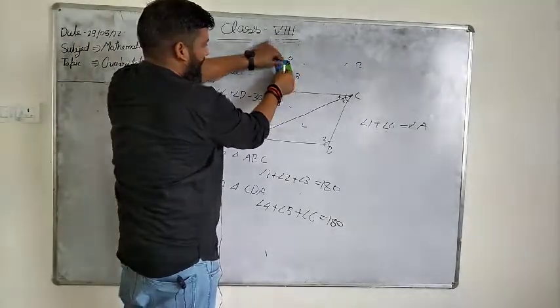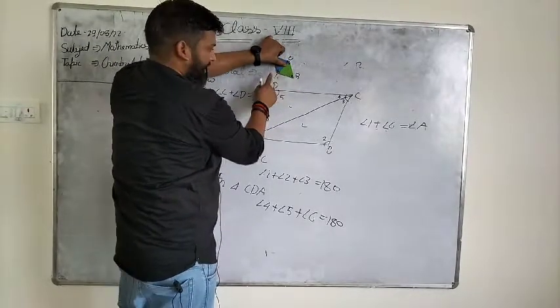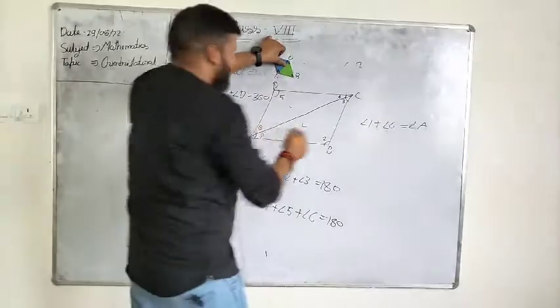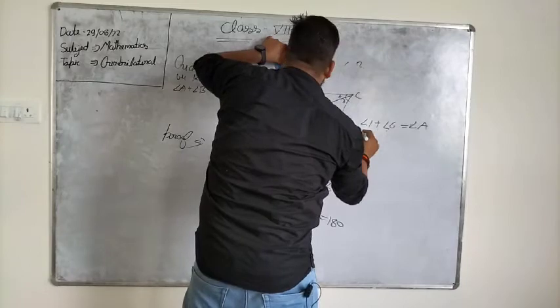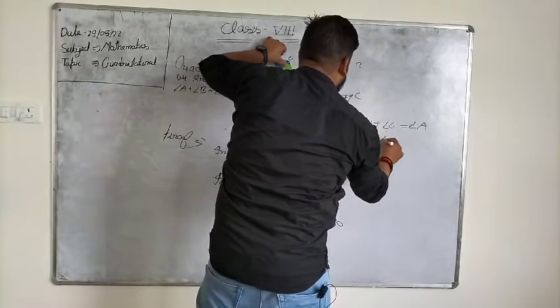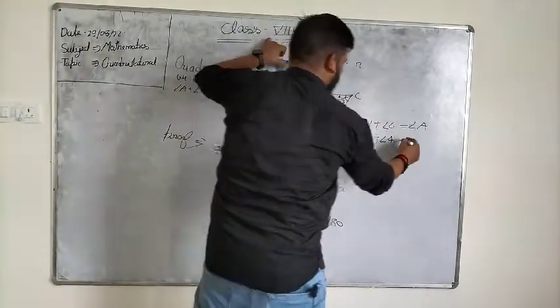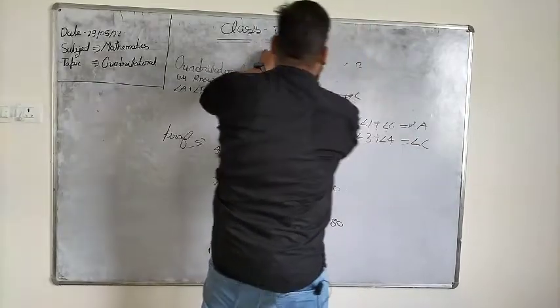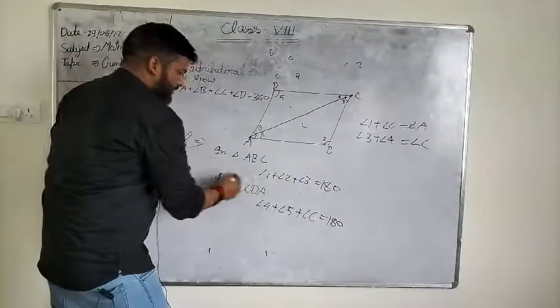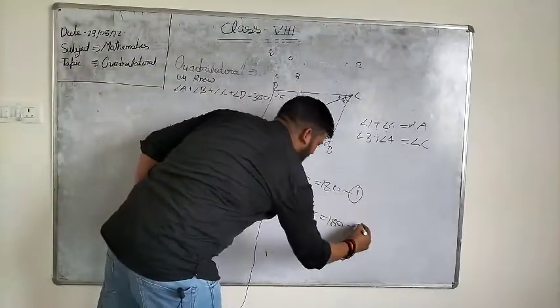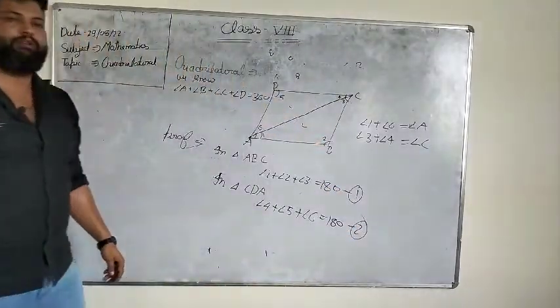Angle 1 and angle 6 make angle A. Likewise, in place of angle C, can we write angle 3 plus angle 4? Can we write angle 3 plus 4 is equal to angle C? Is that clear? Yes. Now there are two equations.